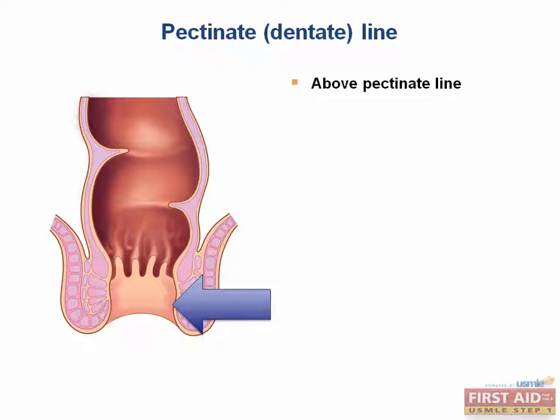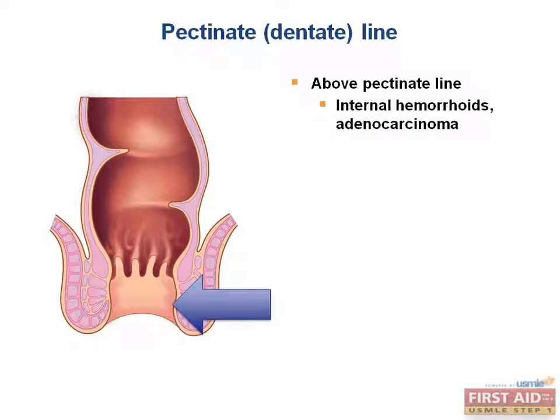Thus, above the pectinate line, patients may develop pathology that's relevant to embryonic hindgut derivatives. As a review, what portion of the GI tract is derived from the hindgut? The hindgut contributes from the distal 1/3 of the transverse colon to the upper rectum. These pathologies include internal hemorrhoids or adenocarcinoma, sometimes called rectal colon cancer.